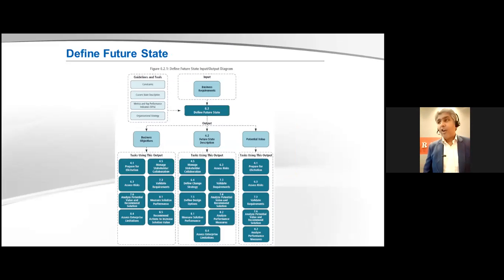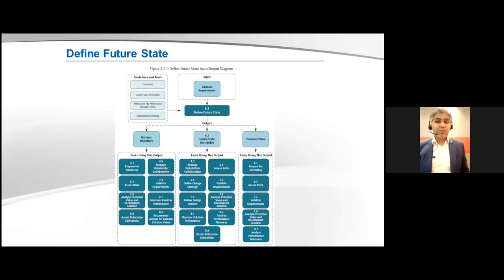Now you analyze the current state, what's lacking in your organization. And now you are analyzing the future state, where you want to go. So for example, you want a new product, or you want to increase your branches by 50% in the next 5 years. That's your future state, where you want to go, what you want.